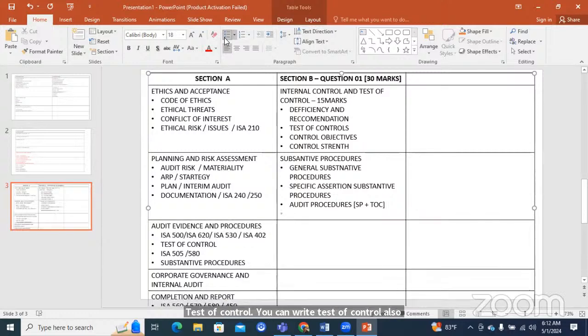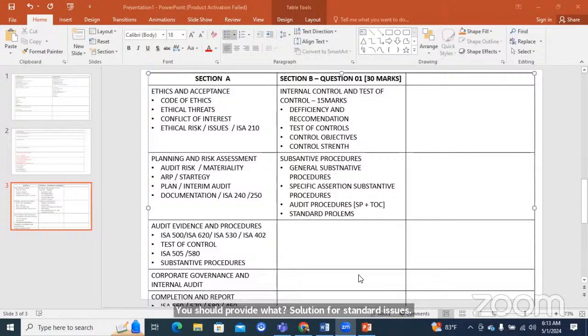Indian students, we discussed this in the class: standard problems. Sometimes standard problems will be given, and you should resolve those standard issues under substantive procedures. You should provide a solution for standard issues.